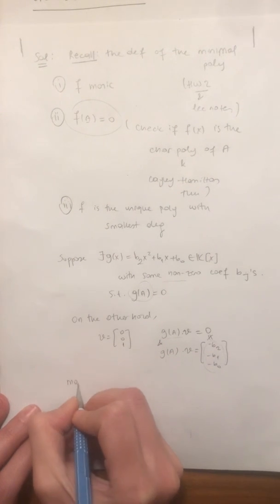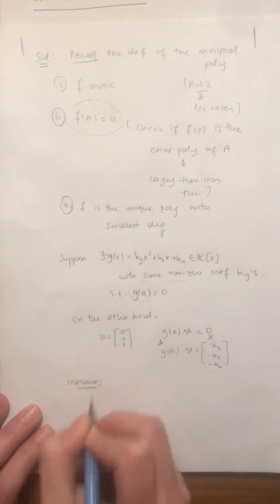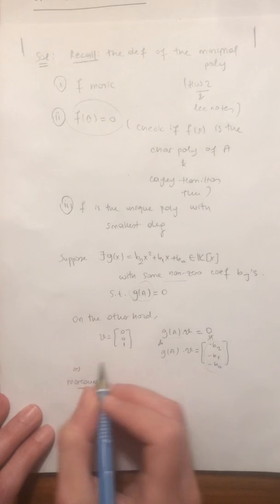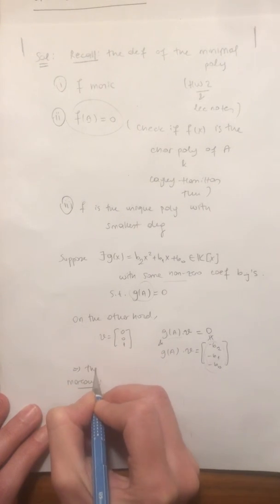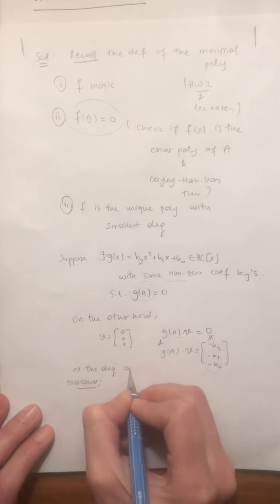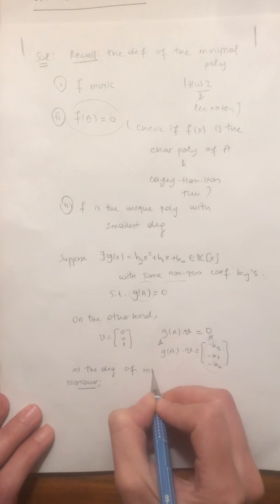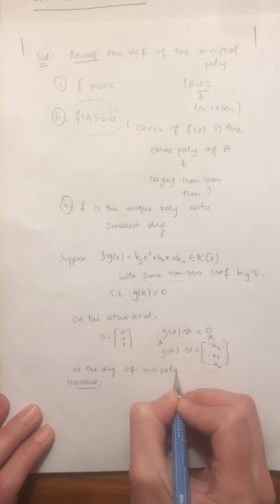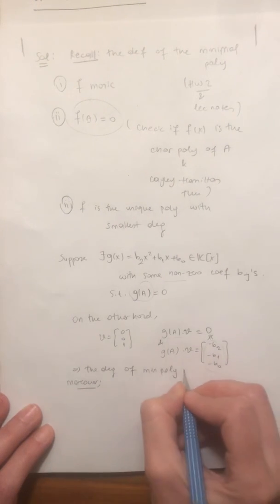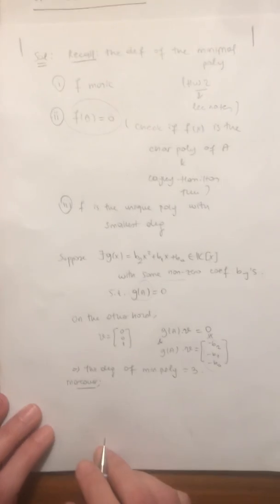And moreover, to say the uniqueness, by the way, this concludes that the degree of the minimal polynomial cannot be less than 3, so it should be 3.